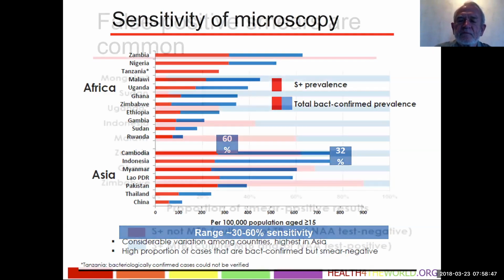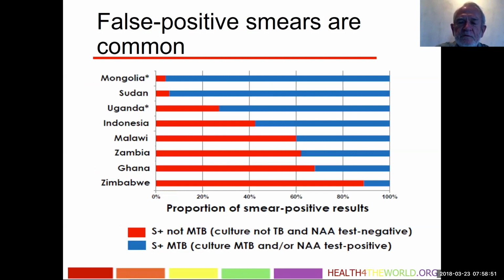The other finding from the prevalence surveys that I found particularly disturbing was the frequency of false positive smears. The red portion of these bars represents the percentage of cases that had positive smears, but then did not have positive cultures. They did not meet the definition of cases.